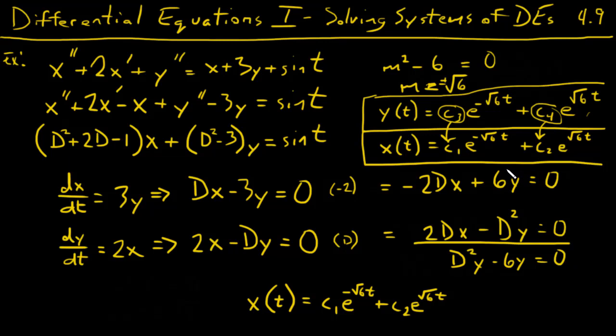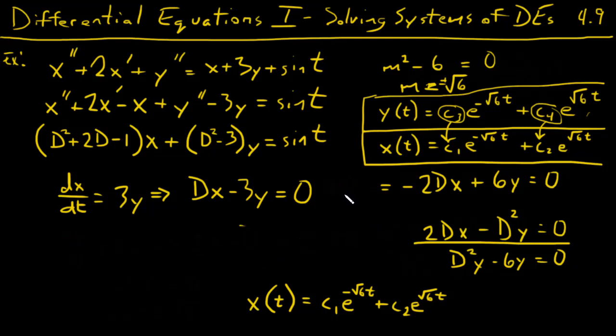Okay? So let's see how we can figure this out. What you do is you take either one of the original differential equations. It doesn't matter which one you pick. I'm going to pick this one. So I'm going to erase all of this stuff and take care of this.